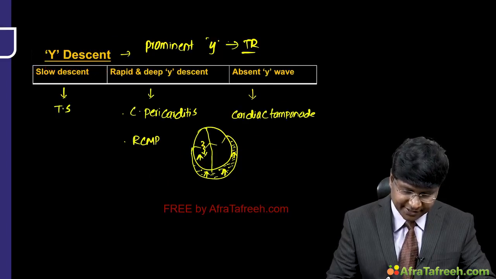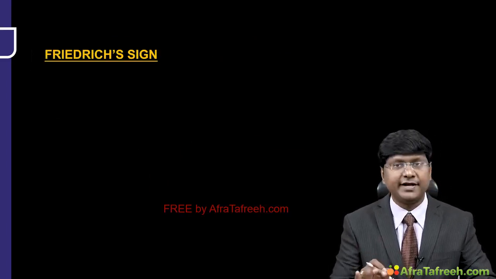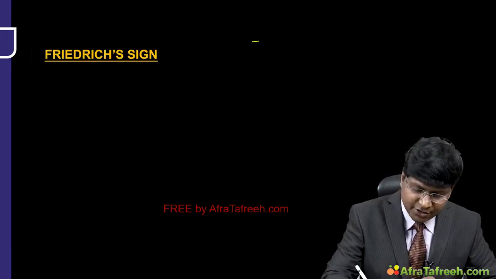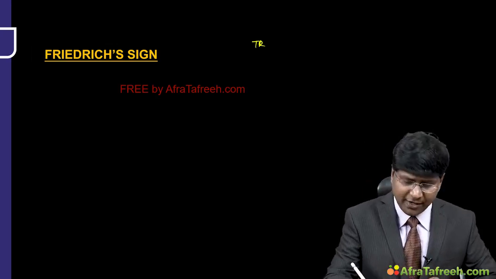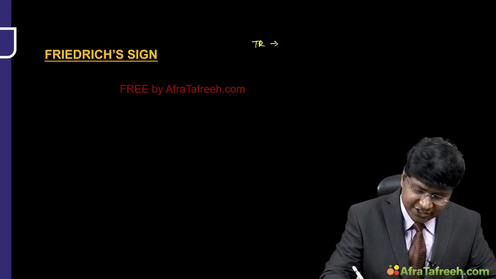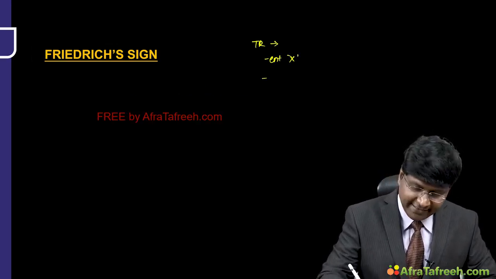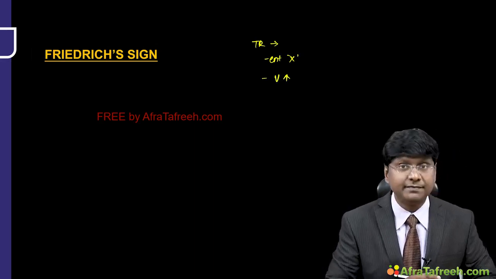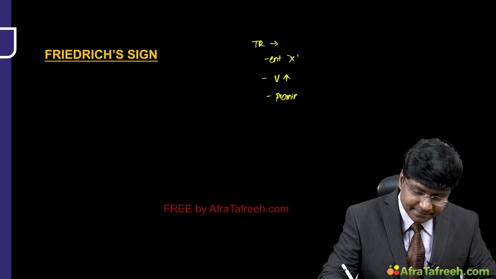So in tricuspid regurgitation, right, one more important sign that you need to know is the Friedreich sign. Now in tricuspid regurgitation, what did we discuss? We have discussed that you have the absent X wave, and there is prominent V wave, and there is prominent Y descent.